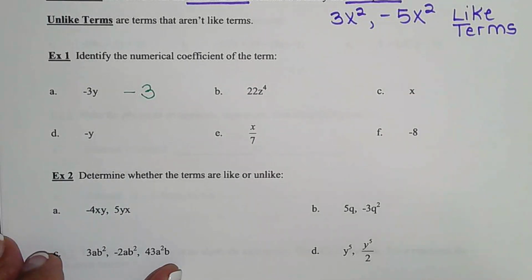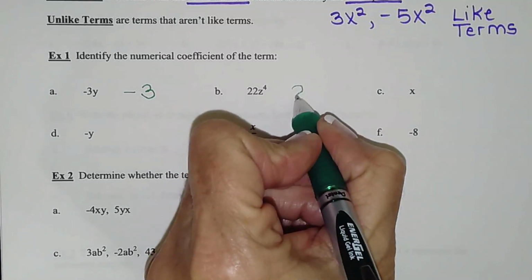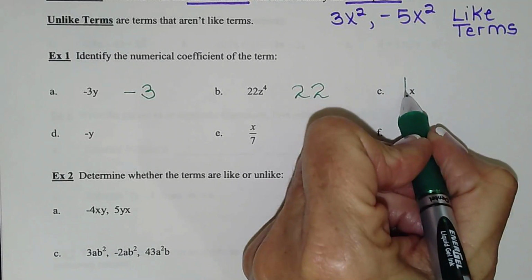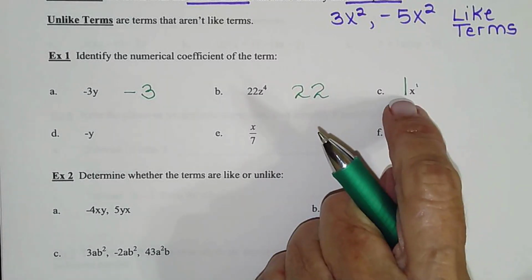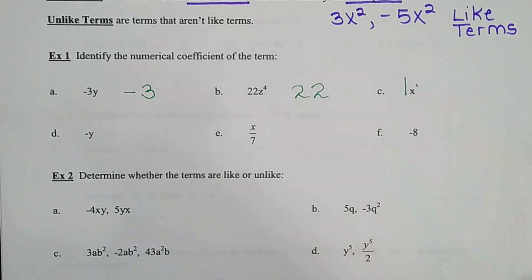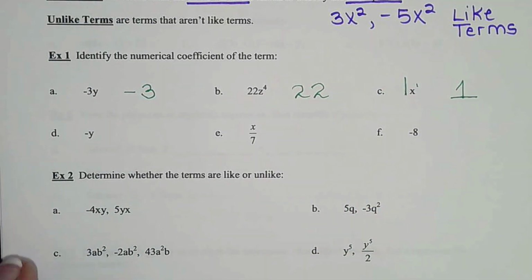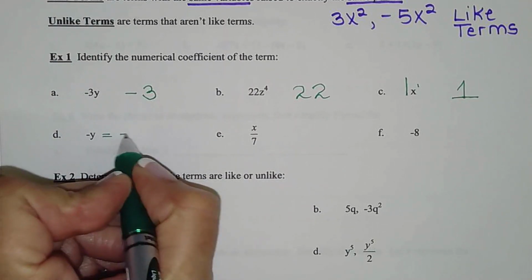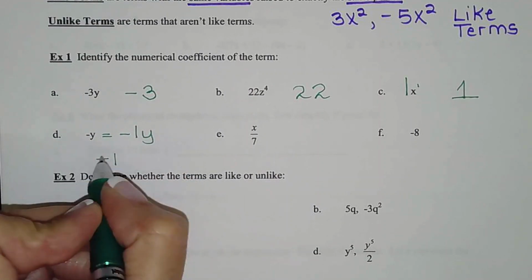Without it, it's incorrect. Coefficient for this term would be 22. And hopefully you all know anytime there's a variable with no number or no power, the number in front, which we call the coefficient, is 1 and the power is 1. So this one is a coefficient of 1. Likewise, -y is the same thing as -1y, so its coefficient is -1.